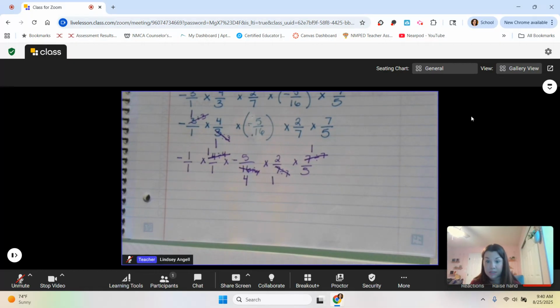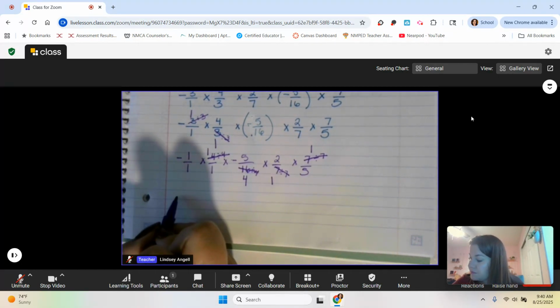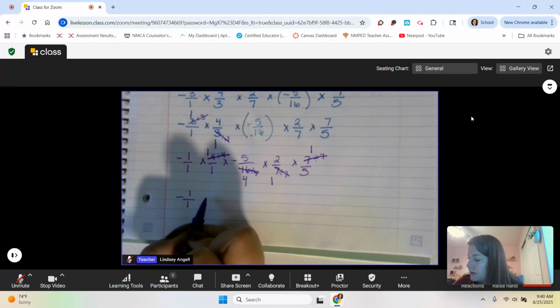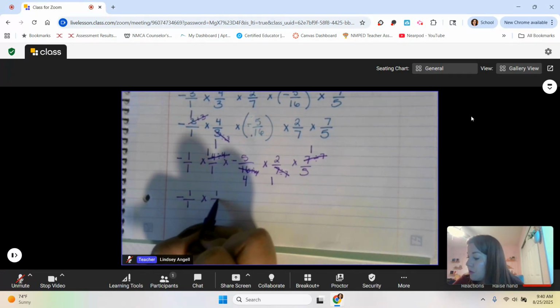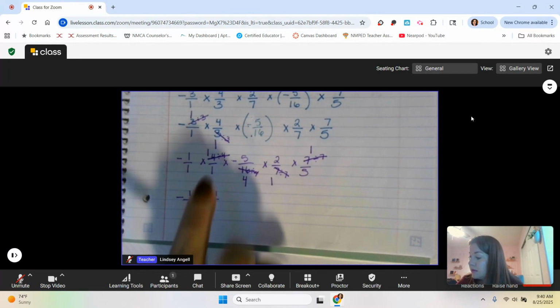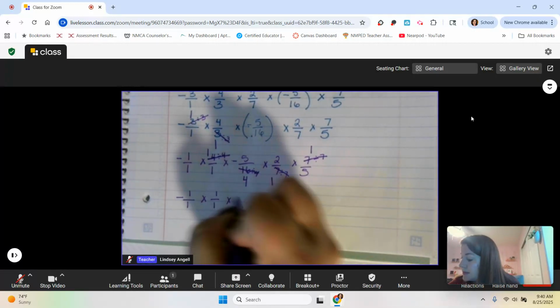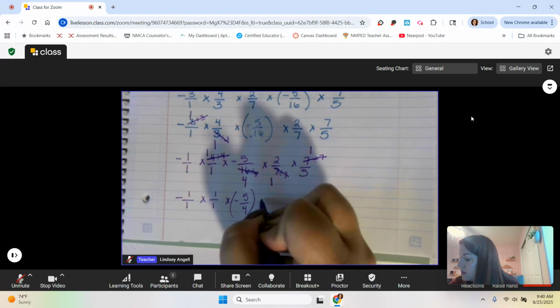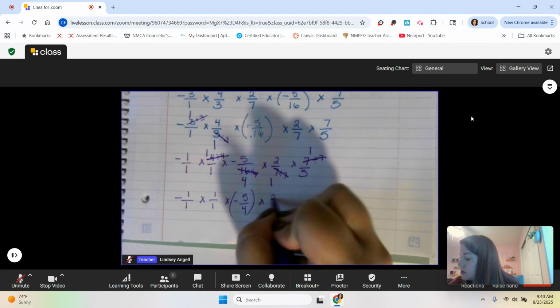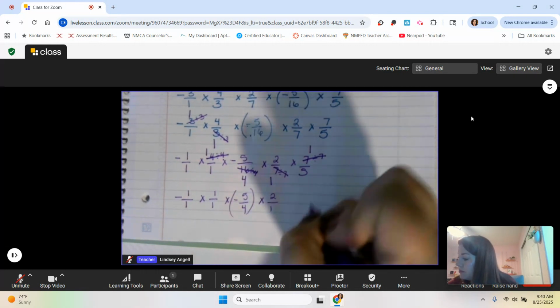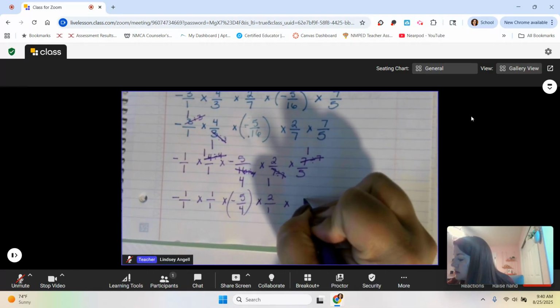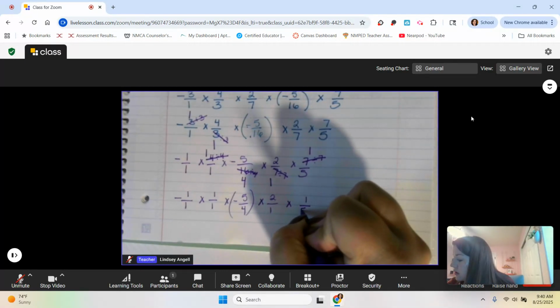Look at all that I reduced. Look at all those ones. I love seeing that in multiplication because just multiplying by 1 is just itself. So here I have negative 1 over 1 times 1 over 1, that's this guy, times negative 5 over 4 times 2 over 1 times 1 over 5.